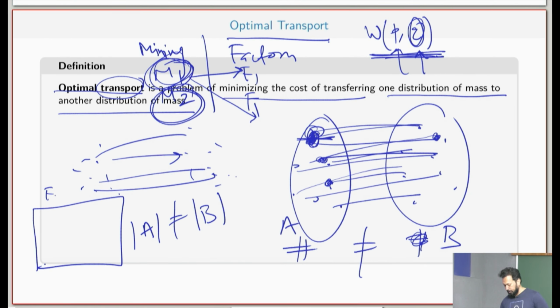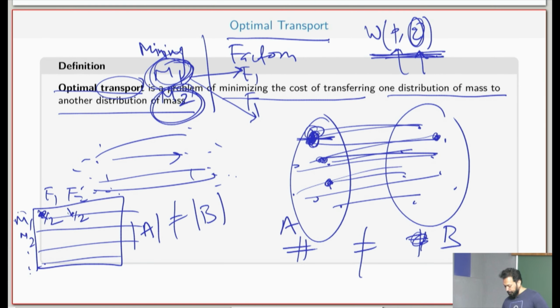So these are factories F1, F2, and these are mines M1, M2. What we are essentially saying is that these row-wise sums should match. If the coal produced at mine 1 is given, some part is given to F1 and some part is given to F2. In this case, let us say half and half.